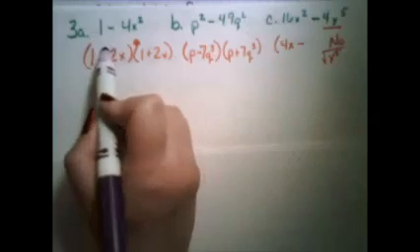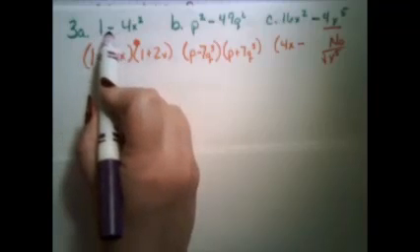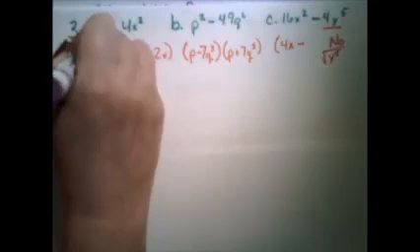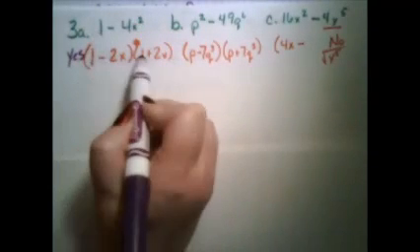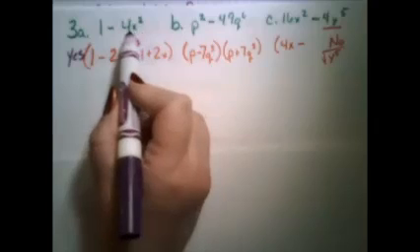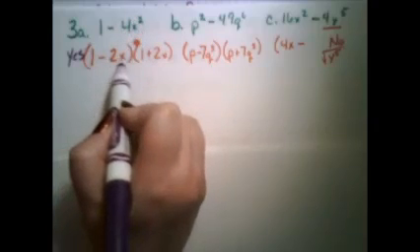For section 3, we have 1 minus 4x squared, and yes, this is a perfect square. 1 is 1's square root, and 4x squared's square root is 2x.